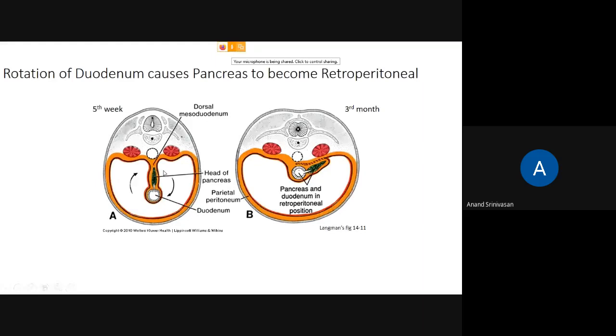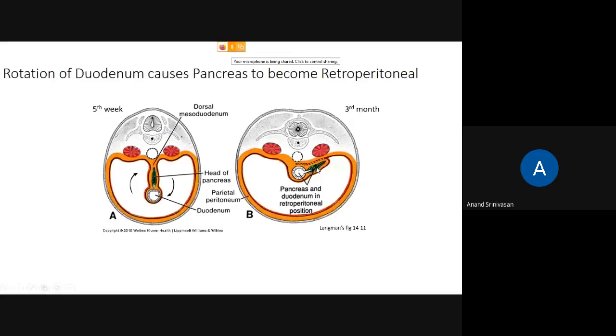Initially it is vertical, and now it is rotated almost 90 degrees. But the ventral pancreas takes a huge turn, almost 180 degrees, and then it fuses with the dorsal pancreas.